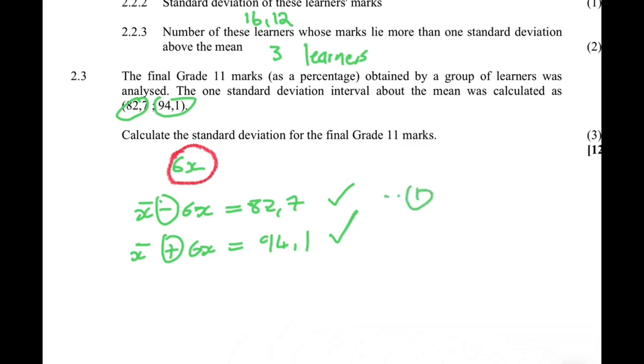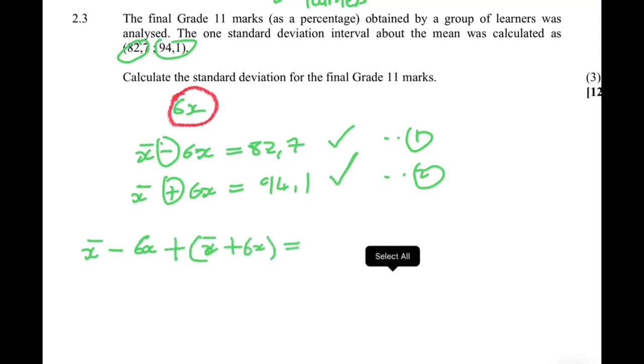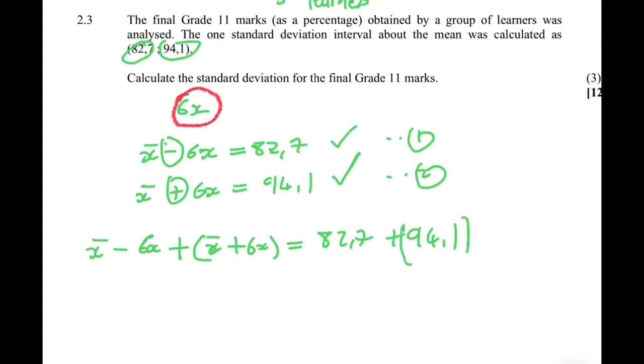So let's say this is equation 1 and this is equation 2. We add the two equations, right? We add what's on the left together and what's on the right together. So we're going to have x bar minus standard deviation plus x bar plus standard deviation equals 82.7 plus 94.1. The equations were balanced initially, so if we do that, the equations must still remain balanced.